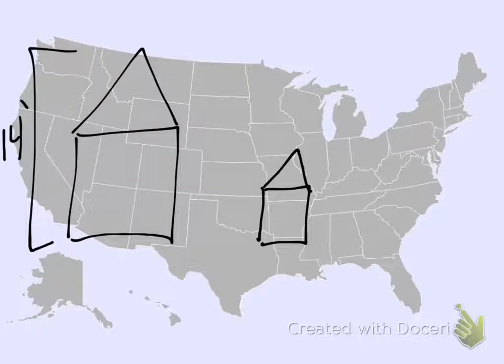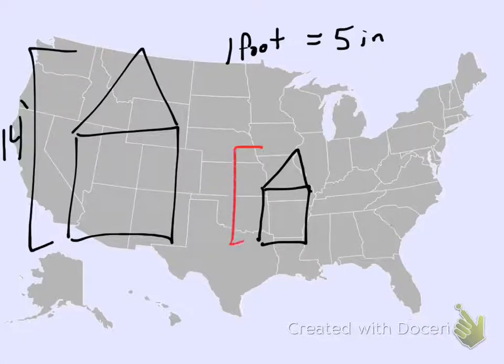Now, my scale is for every 1 foot equals 5 inches. All right, so I want to figure out how tall this house is. Well, this is all you have to do.